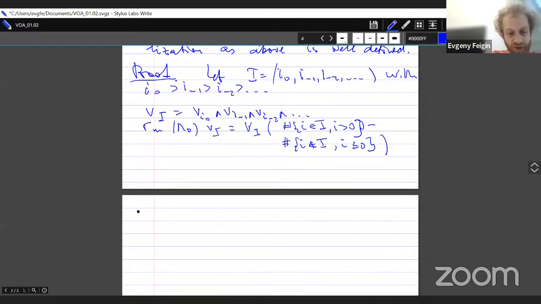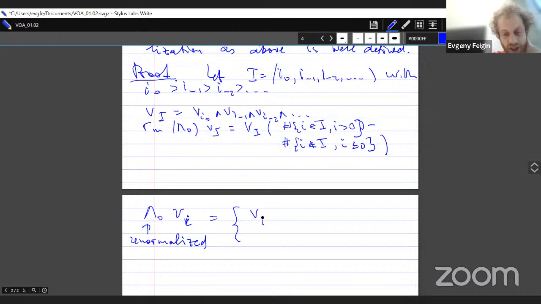Well, yes, so we see that if we take the renormalized lambda naught and apply it to Vk or Vi, then this is going to be either Vi, if i is positive, right?